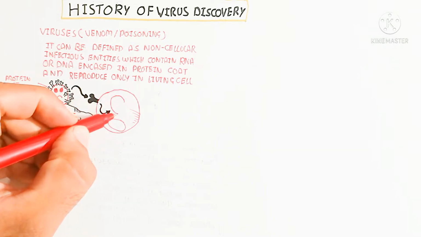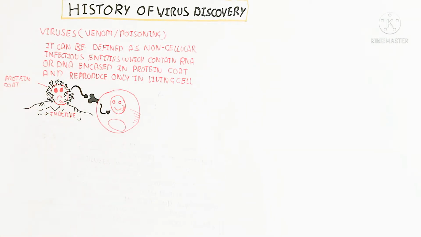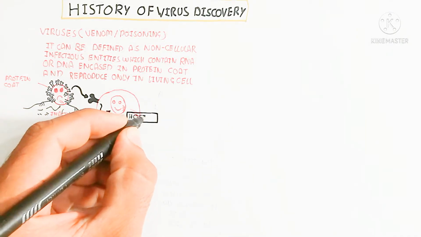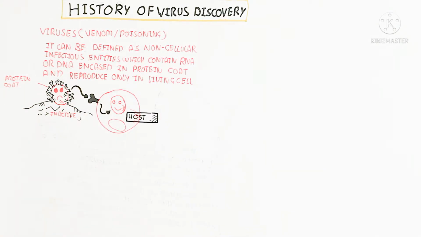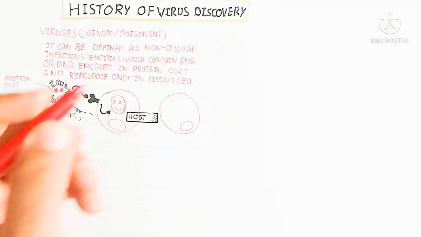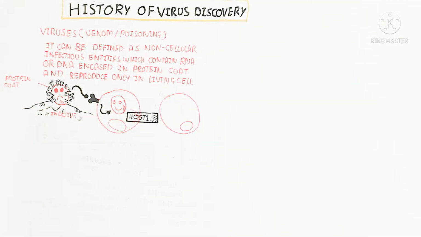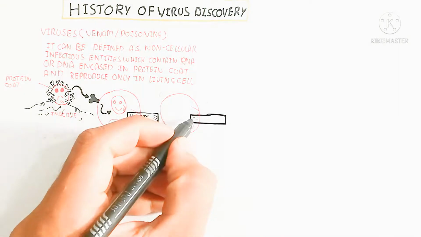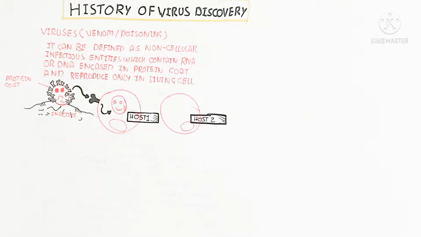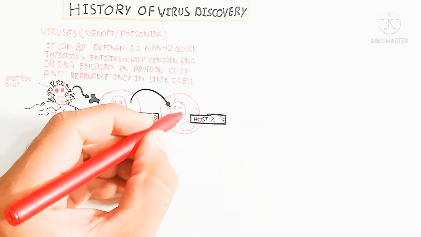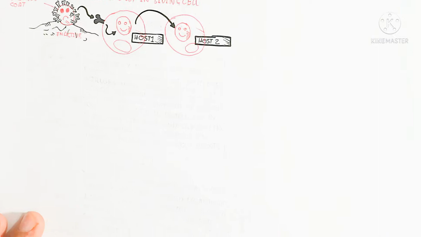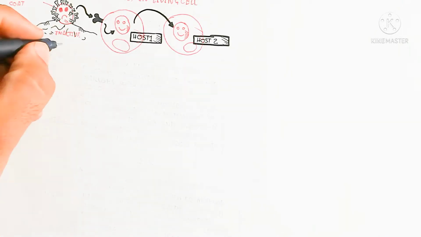In this way, the inactive virus becomes active when it moves inside, and it can be transmitted from host to host. For example, HIV is transmitted from one person to another through sexual contact. HPV and hepatitis are other examples.